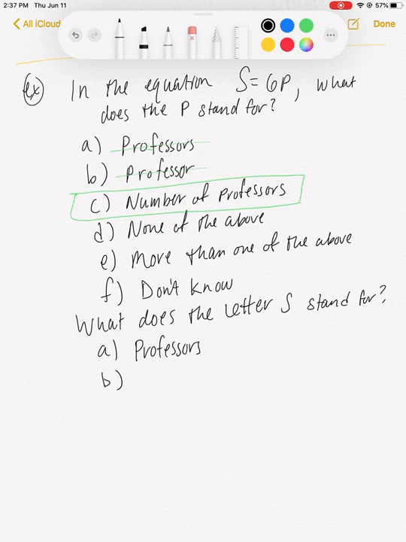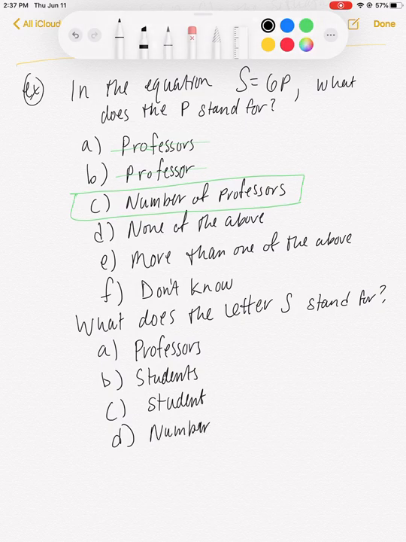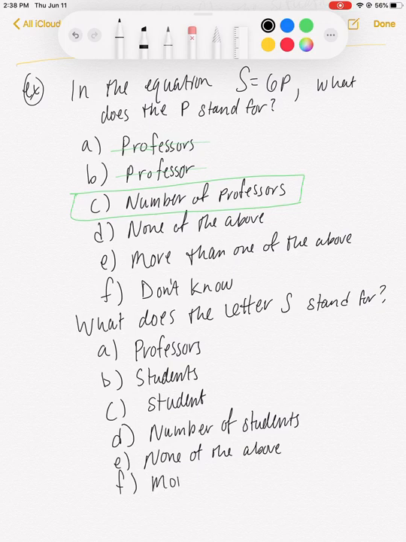B, students, C, student, D, number of students, E, none of the above, F, more than one of the above, and G, don't know.